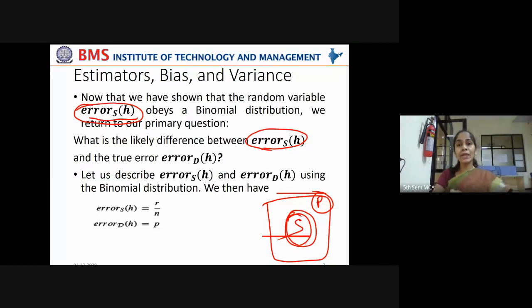Now take a new data point from the population which is unseen by your machine learning model. Now what is the true error? Whether it is making the prediction correctly or wrong, that is indicated by error D of h. Why are we using D here? We have picked up the new instance, the new data point, the unseen data point.